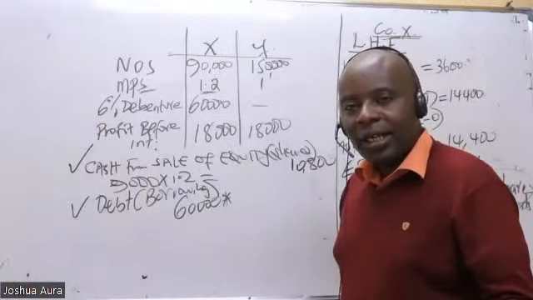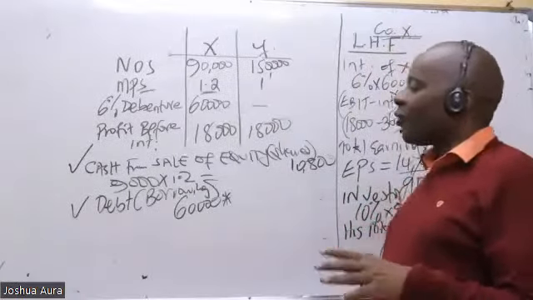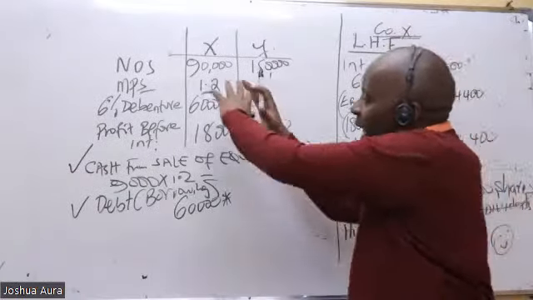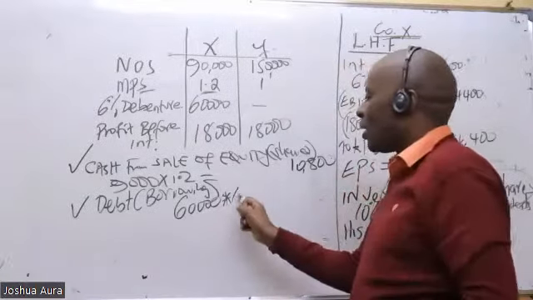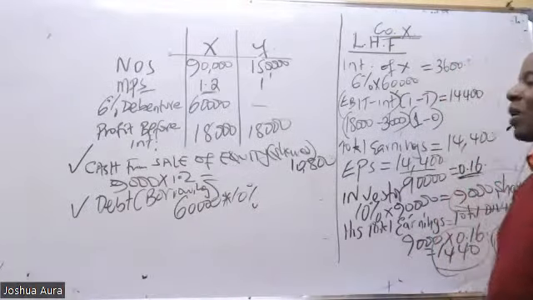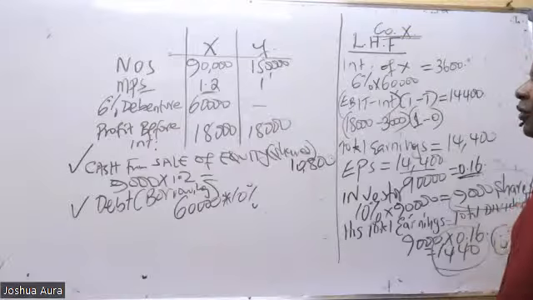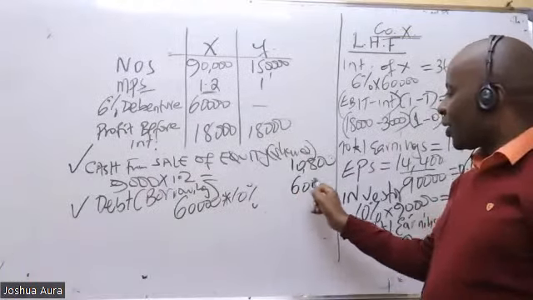Therefore, he can only borrow 10% of the company's debt. So 60,000 times 10% gives me what figure? Somebody tells me that this is 6,000.